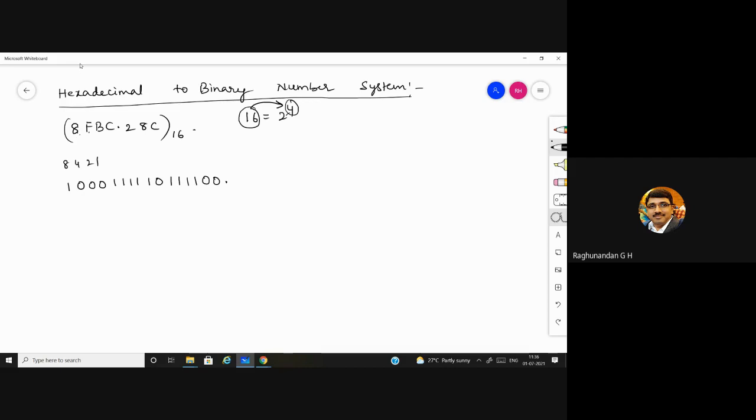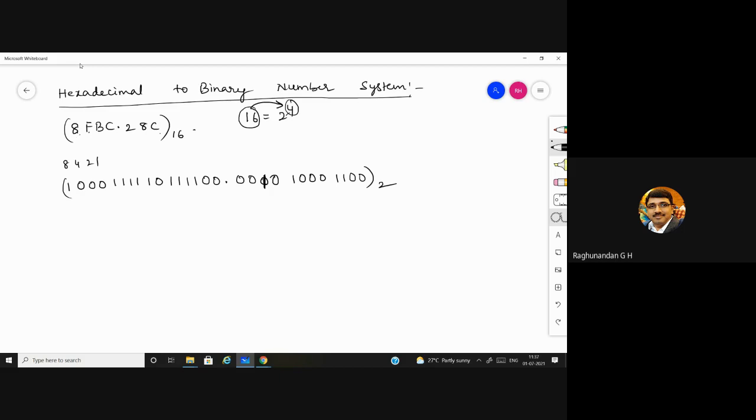Then 2 is 0010. For 8, 1 followed by 3 zeros. For C, again we have 12, so it will be 1100 to the base 2. So this is how we are going to convert hexadecimal to binary.